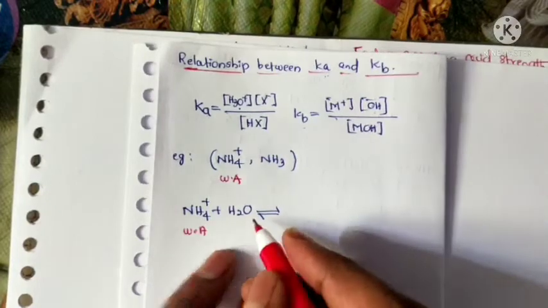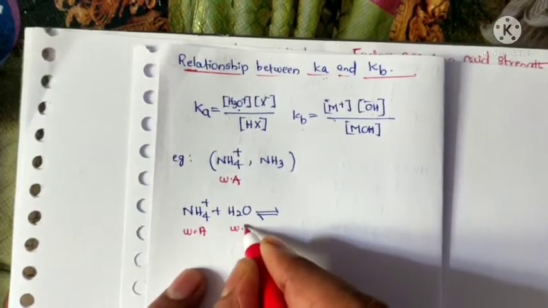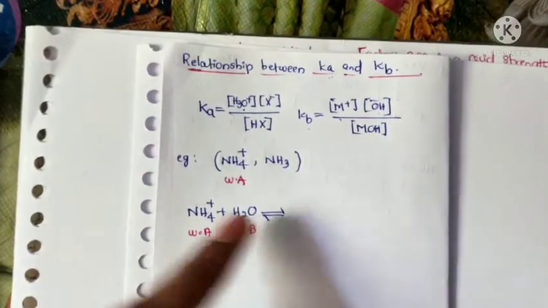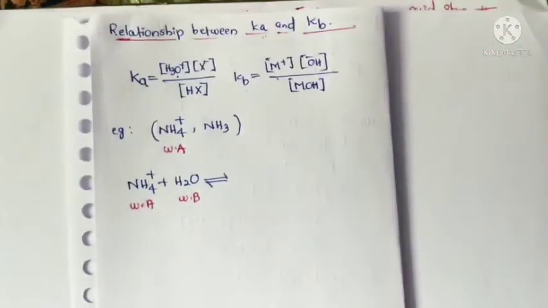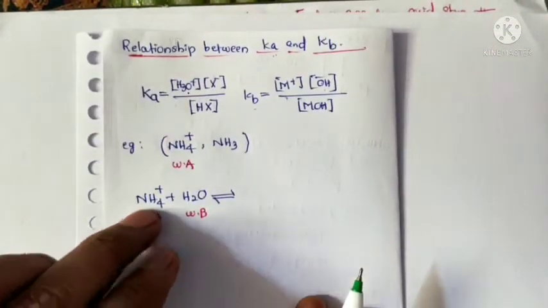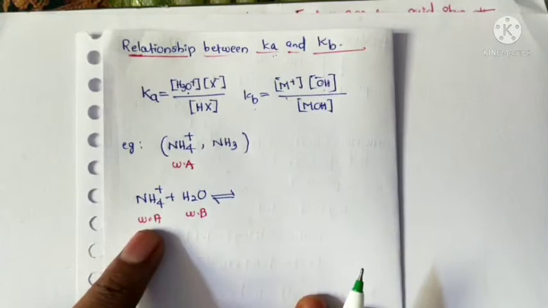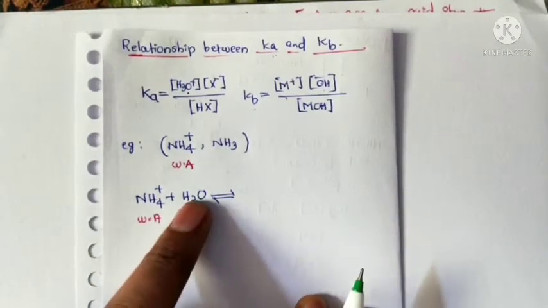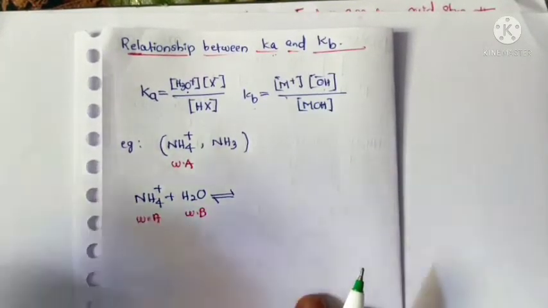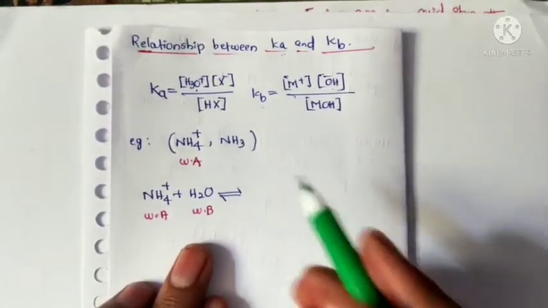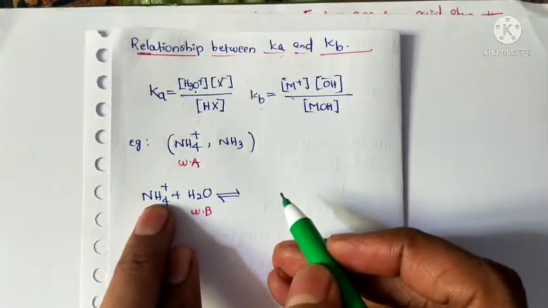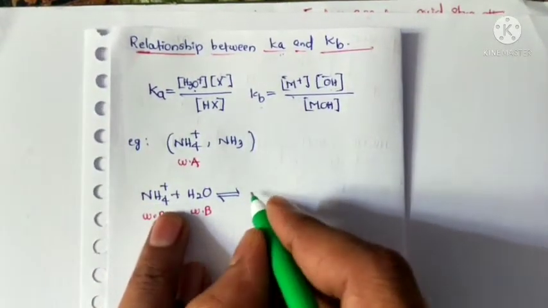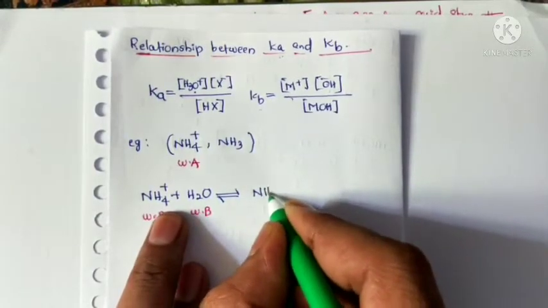Here the ammonium ion is a proton donor, that's why it is a weak acid. Water is a proton acceptor, that's why it acts as a weak base. After donating a proton, NH4+ is converted into NH3.